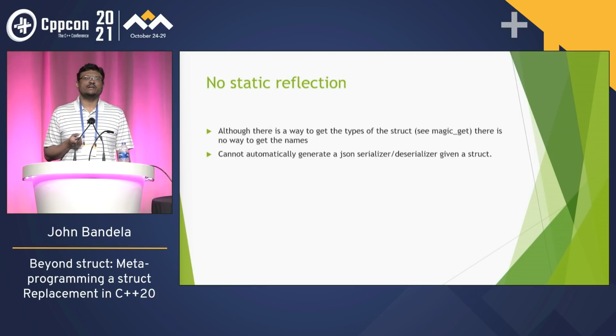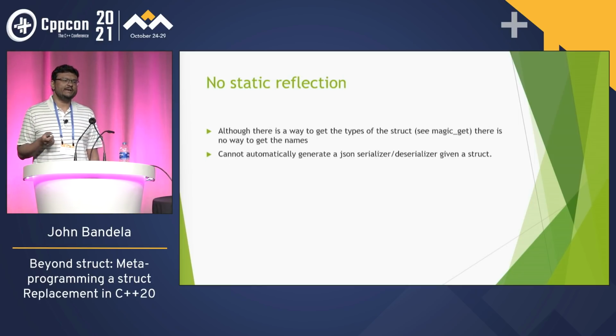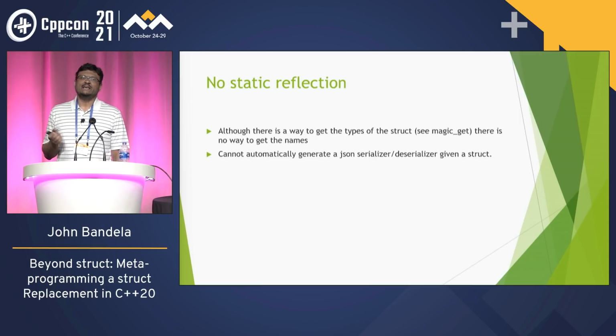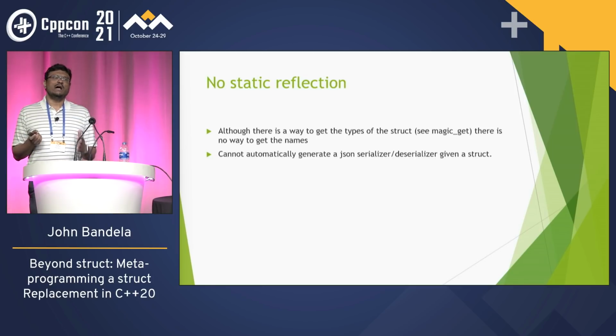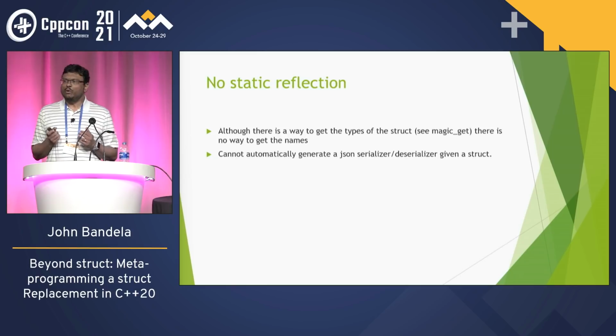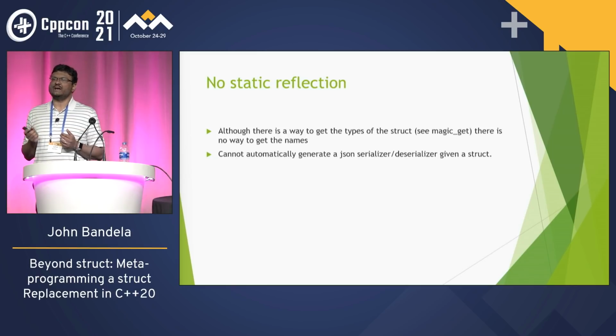All right. So let's look at static reflection. There have been talks here at CppCon about how you can actually get some type of static reflection by using or abusing structured bindings. And there's something called magic get, which will get you a tuple out of a struct. However, you don't have the names of the members.